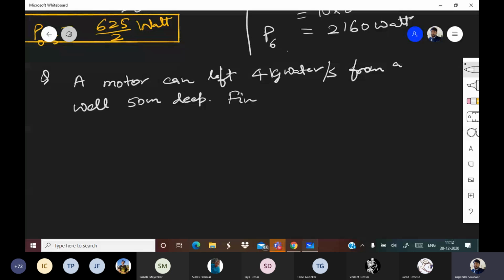Find power delivered by the motor. Please find.